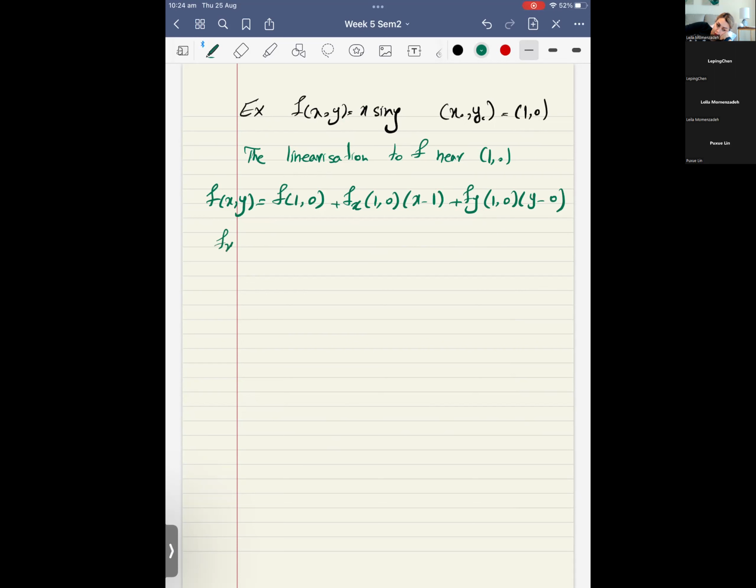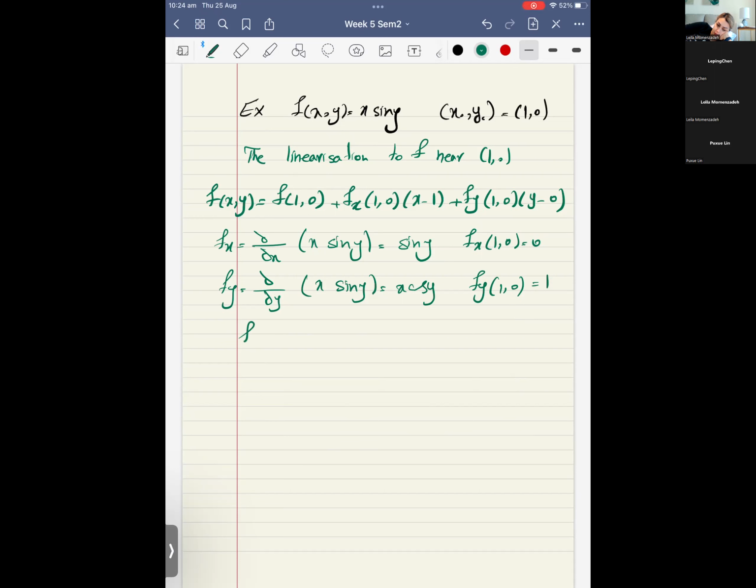It means that the partial derivative of x sine y with respect to x would be sine y, and fx at 1, 0 would be 0. The partial derivative with respect to y of x sine y would be x cosine y. Then fy at the center 1 and 0 would be 1.